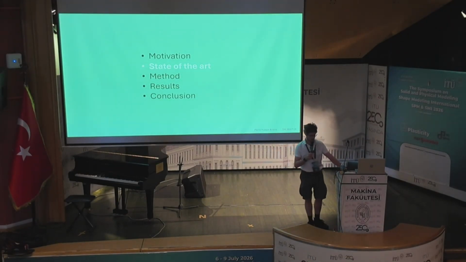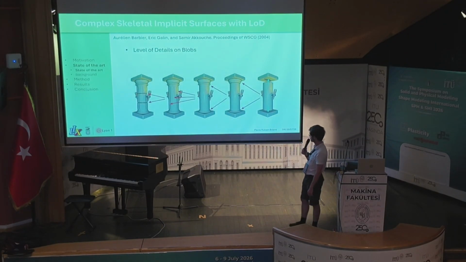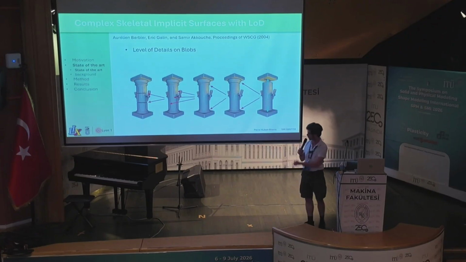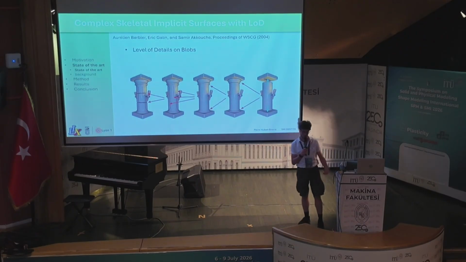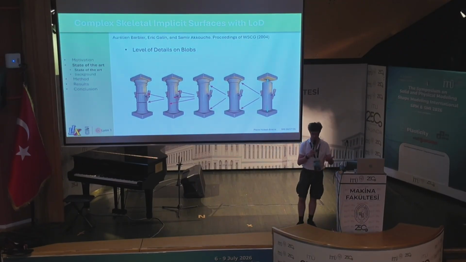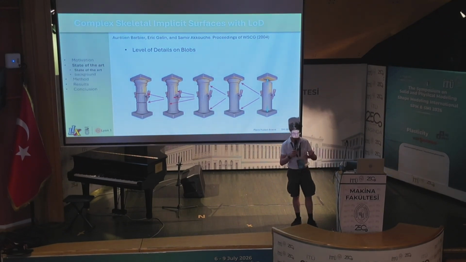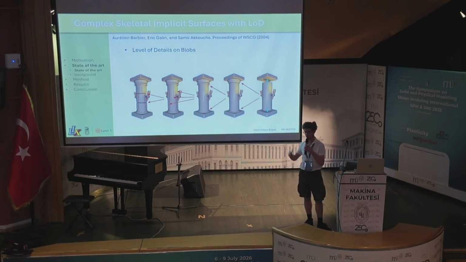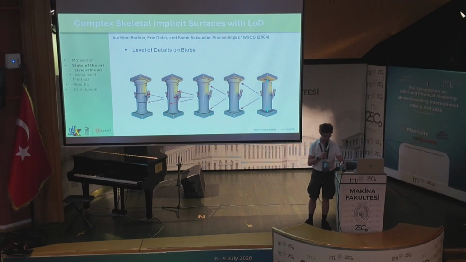So, obviously, level of detail is not new, and it has been implemented for implicit surfaces a long time ago. For instance, in the case of blob surfaces, we already have methods to compute level of detail. However, the transition between the details as well as the generation of the actual surfaces were not yet automated for blob surfaces.